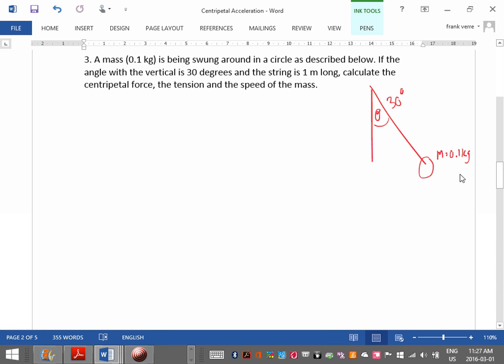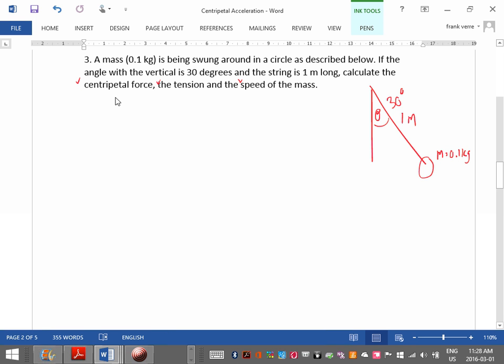The string is 1 meter long. We want to know the centripetal force, the tension, and the speed of the mass as it rotates around that fixed point. In this case, I would probably look for the speed first.